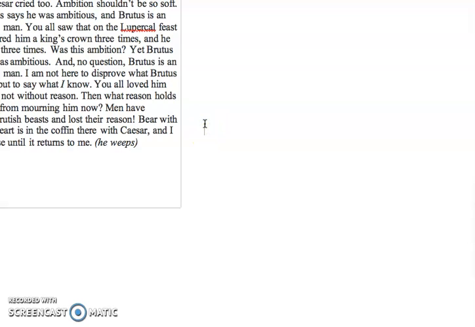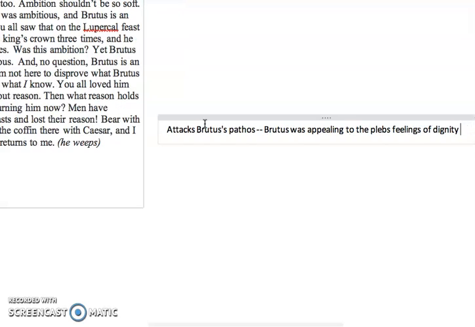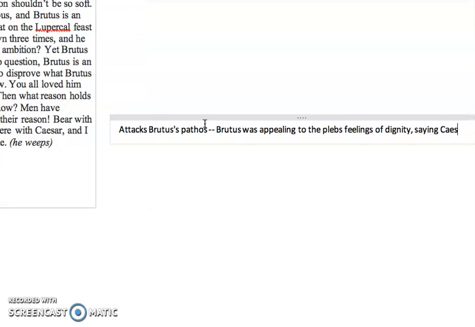So in this one, he attacks Brutus's pathos, where Brutus was appealing to the plebs' sense or feelings of dignity, basically saying that they should not pity Caesar, who was a threat and should not be pitied.